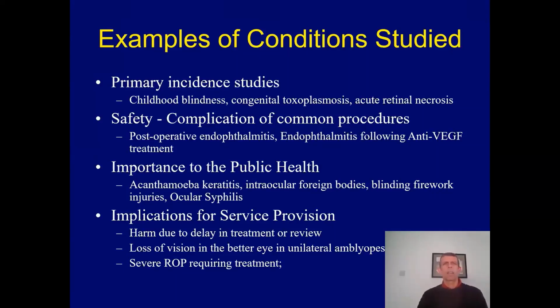Over here are some examples of those conditions and their research focuses. As I said earlier, the primary research focus for most studies is to look at incidence. Examples of those are studies such as the British vision impairment studies, which have provided the world's only national data set on all-cause visual impairment in childhood, along with other conditions such as congenital toxoplasmosis and infections such as acute retinal necrosis or fungal keratitis.